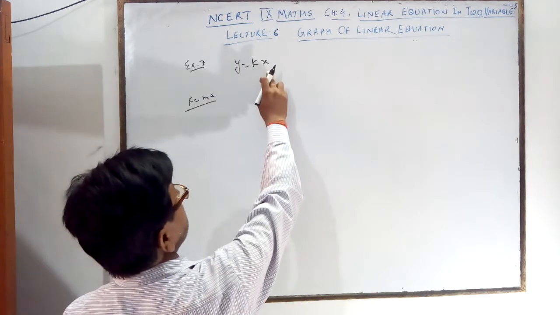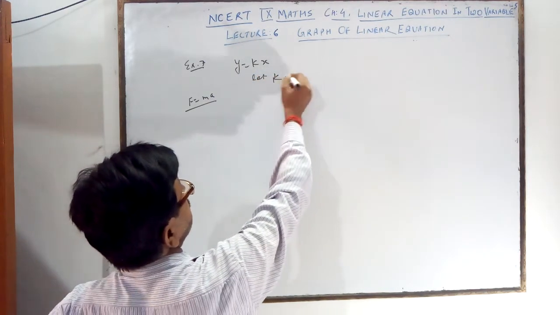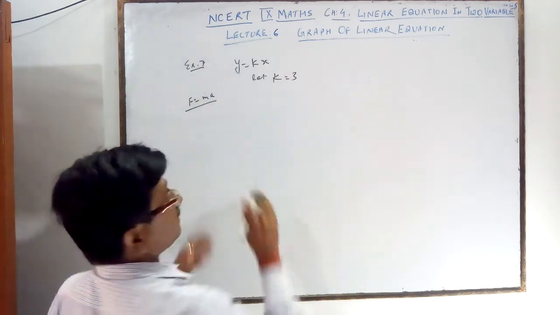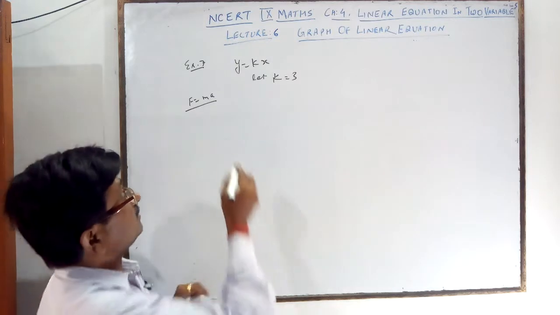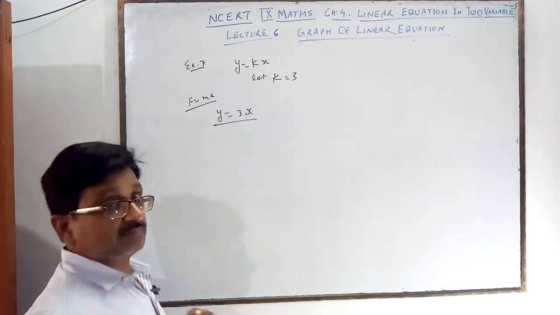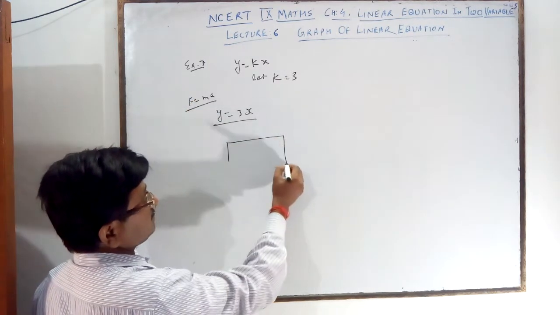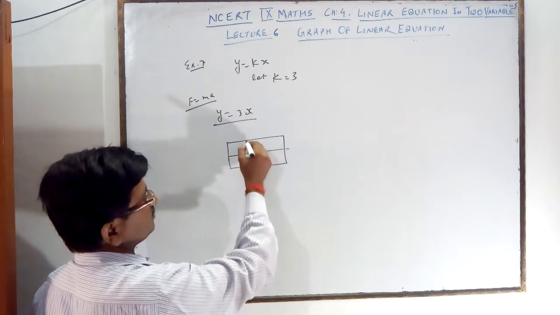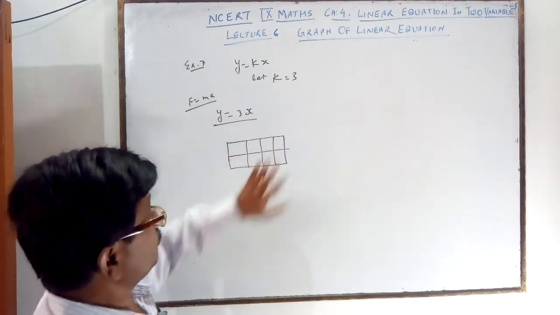Y is equal to x, or let K be a constant equal to 4 or 3. Here in your book it is taken K equal to 3. So y is equal to 3x. It is your equation. You want to plot the graph of this, then you will take 3 solutions. Very simply you can get them, no limit.